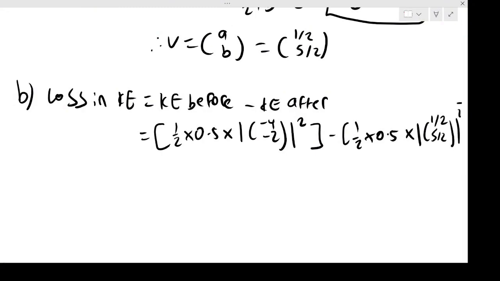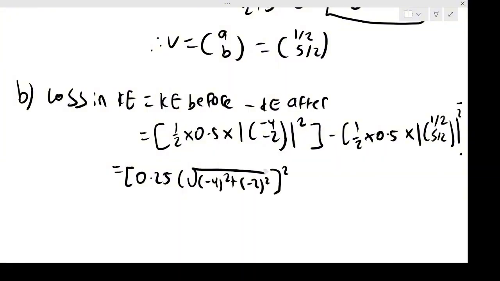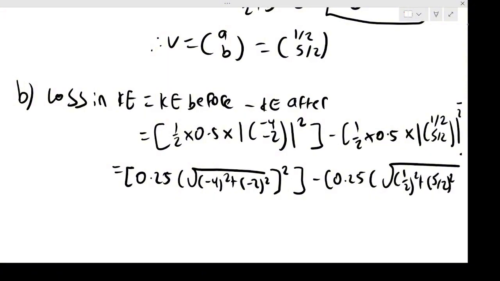And that'll be squared. So if we work all this out, well, half times 0.5 is 0.25. So it's going to be 0.25 lots of the root of -4 squared and -2 squared, all squared. Then we're going to take away 0.25 lots of root of a half squared, add 5/2 squared, and that will be all squared.